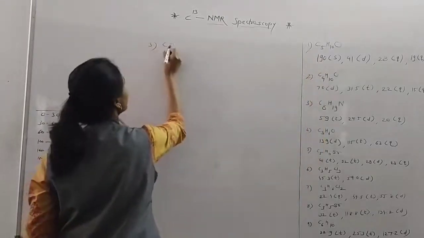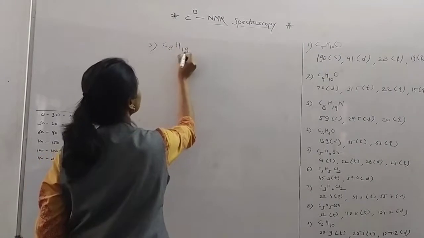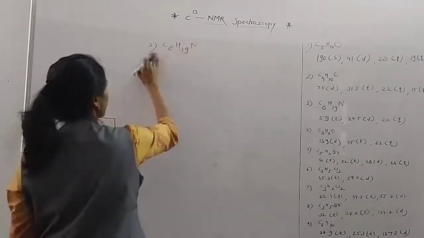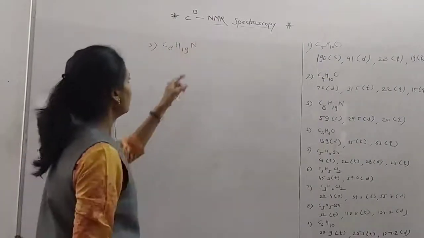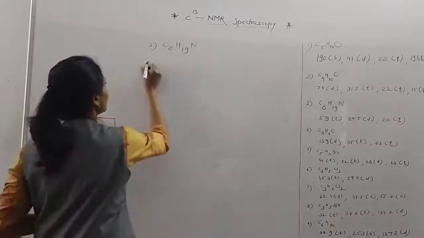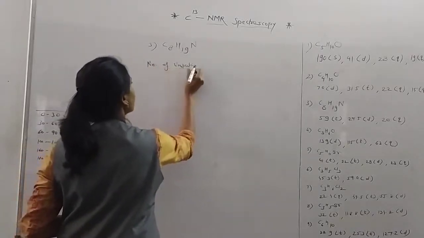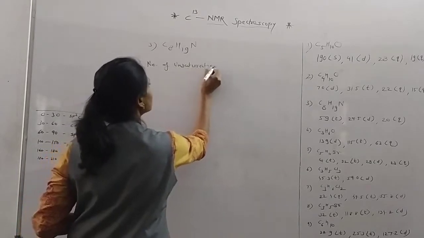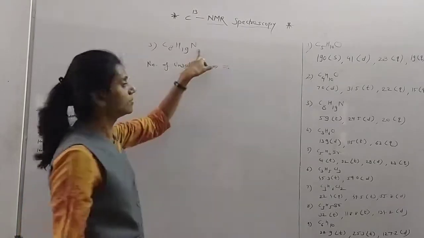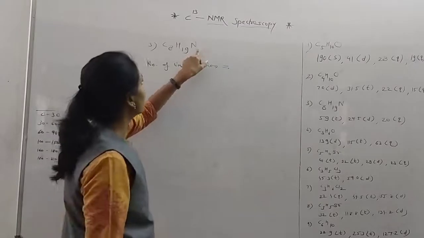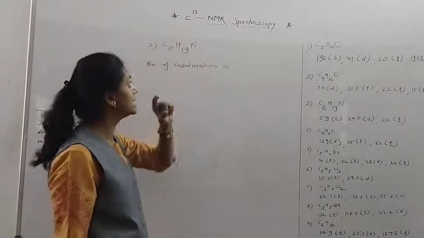C8H19N. Remember that when we calculate the number of unsaturation and there is a nitrogen atom, at that time add 1 in CH.